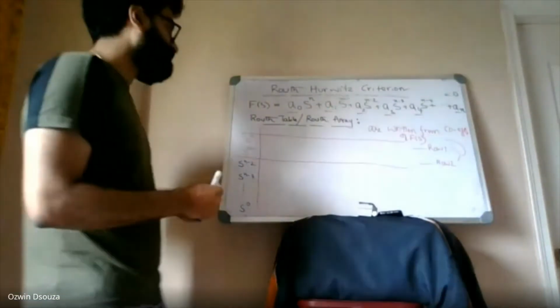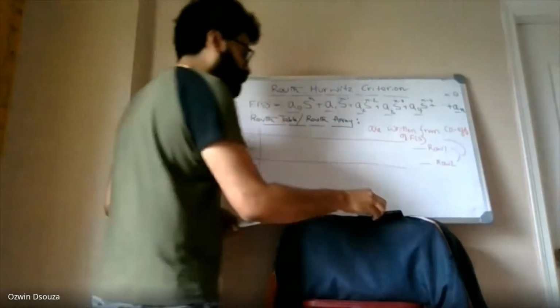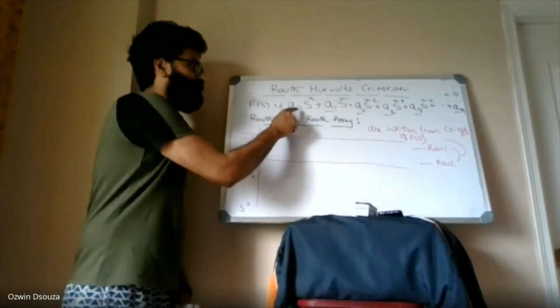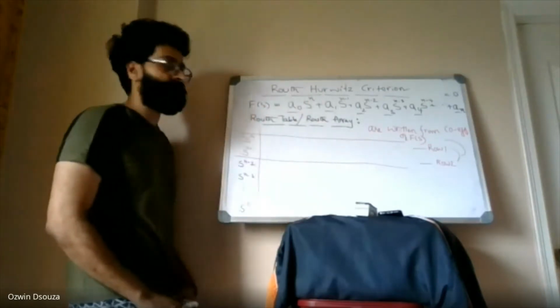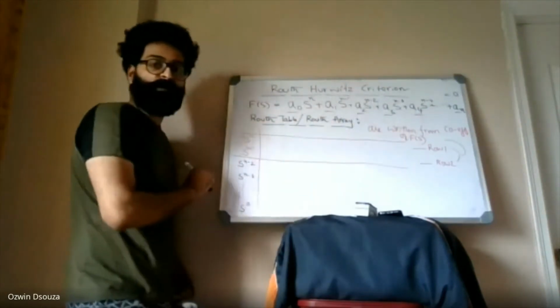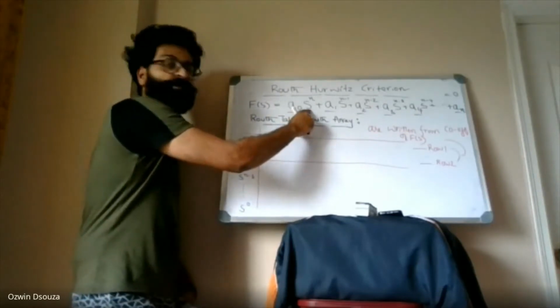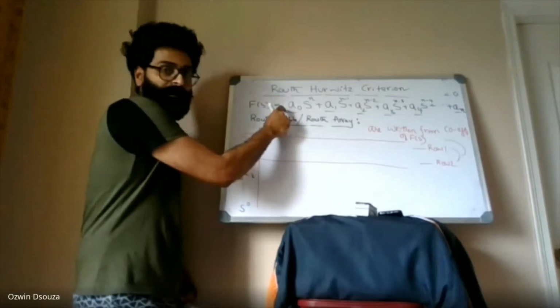Now, how do we write the coefficients? Starting from the coefficient of the highest power of s, alternate coefficients are written. In the given characteristic equation, the highest power of s is s to the power n, and the associated coefficient is a naught.